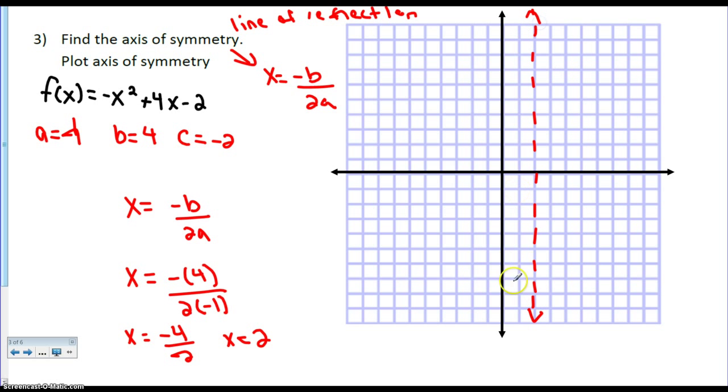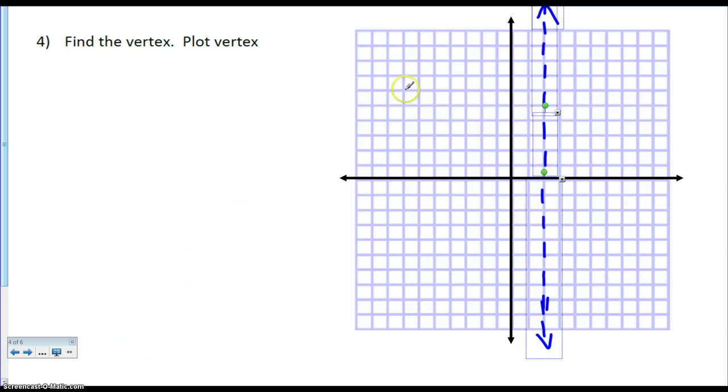Okay? So what did I do to find the axis of symmetry? I just figured out what negative b over 2a was by looking at my original function and plugging in the values that are important. Now, the next thing we do is find the vertex. So once we know that our axis of symmetry is right here, I know that my vertex is on that line. So I know my function is f of x equals negative x squared plus 4x minus 2. And what I'm going to do is plug 2 in place of x. So I'm going to do f of 2.